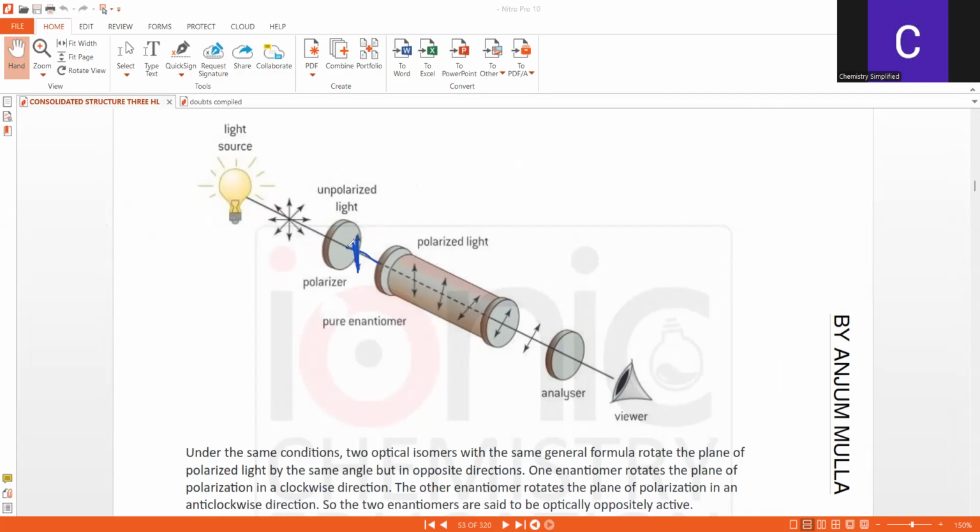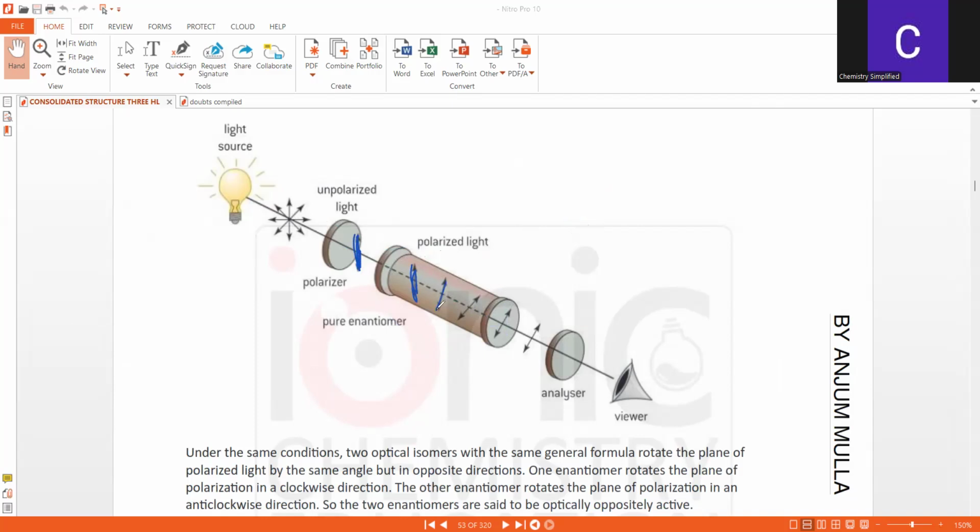If that light is passed through a container which contains an enantiomer, which means one of the optical isomers, then as it covers the journey through the container, the plane of the polarized light will rotate. So you can see that this is the plane, this is the plane.